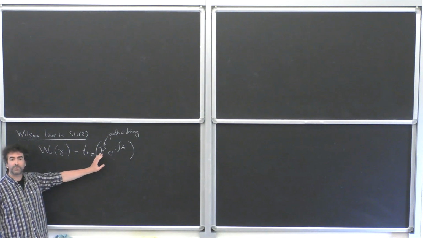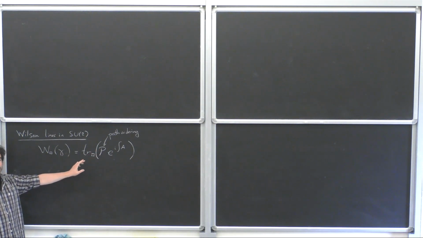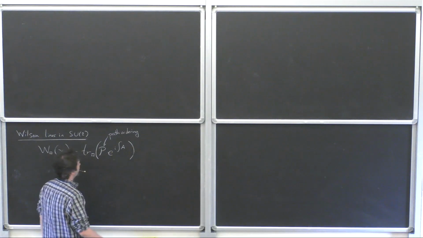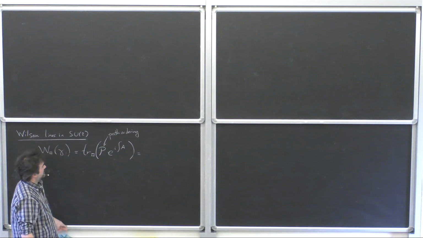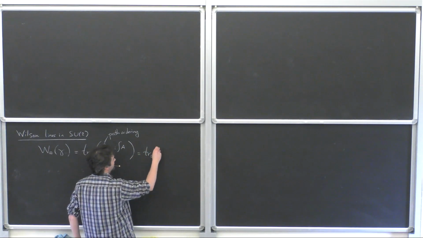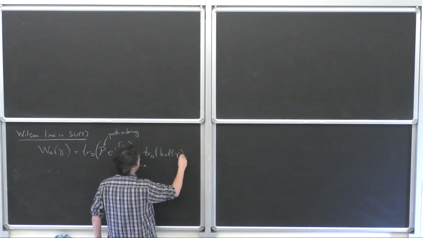Okay. Which ones of you haven't seen this? Have not seen this? Okay, you have all seen this, wonderful. And a bit more abstractly, the way I like to think about this is the trace, in whichever representation you have, of the holonomy of the connection over gamma.